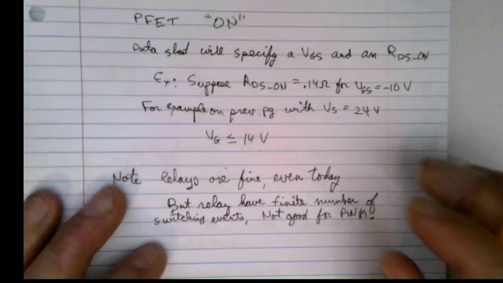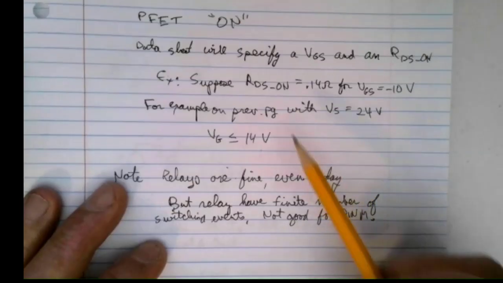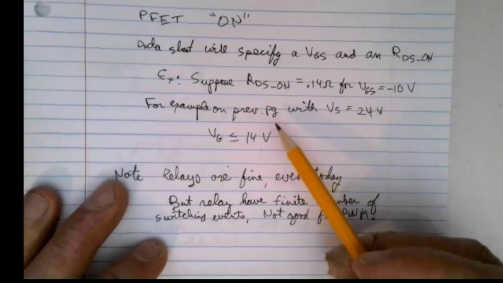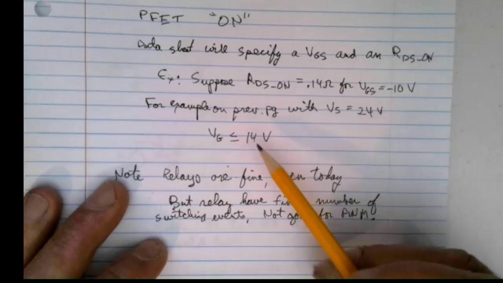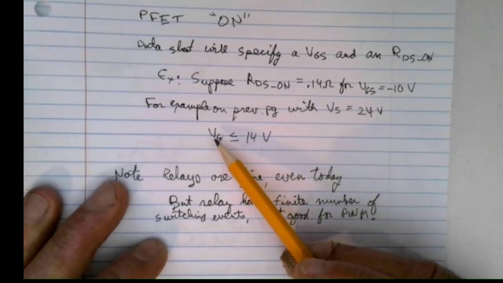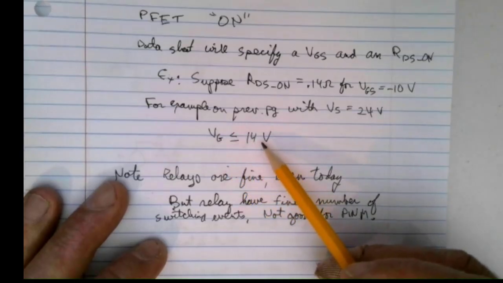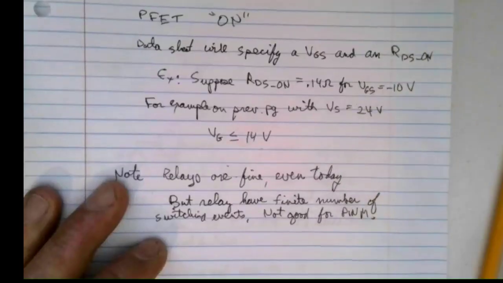So again, back to the example we were talking about before. If the source was 24 volts and you want VGS equal to minus 10, then VG is 14 volts. So how do you get that?